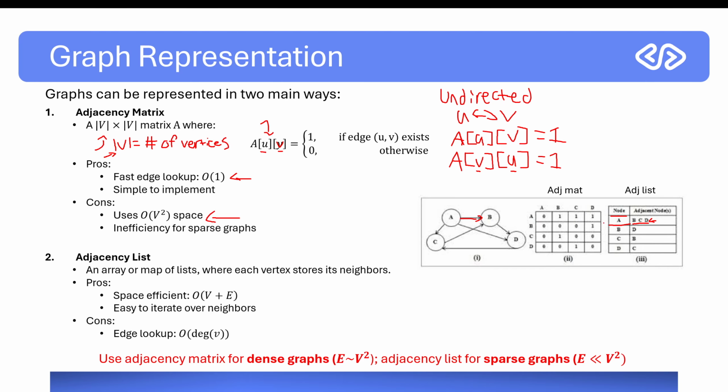So you have V vertices, and then E edges. Actually, that one might be wrong.